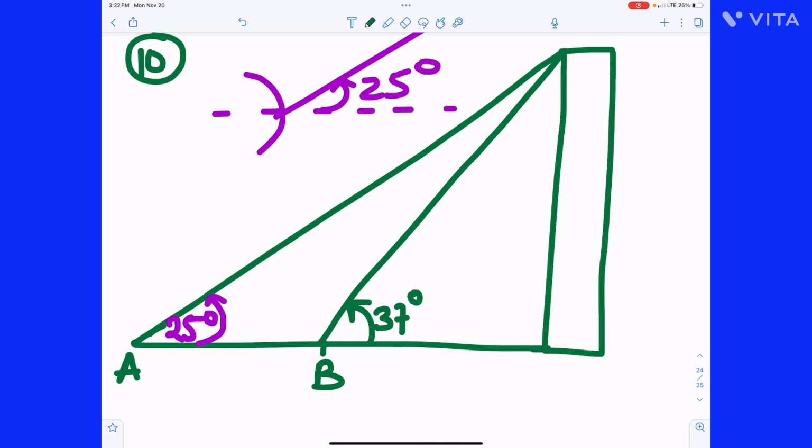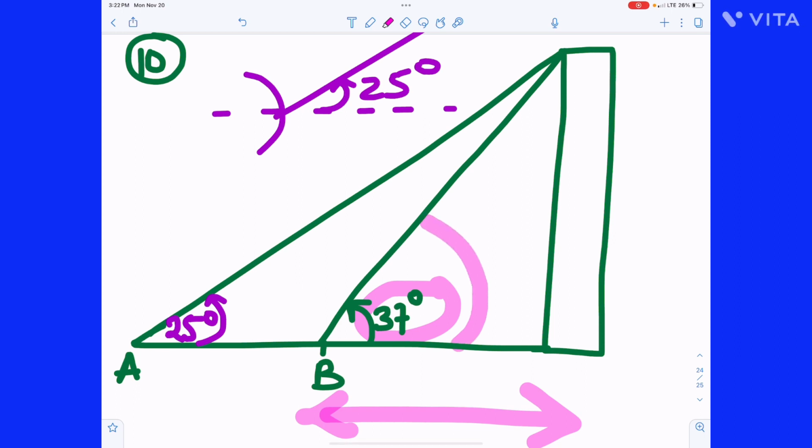I'm putting B here because I know that since 37 degrees is bigger than 25 degrees, at point B you have to be closer to the building. For you to need such a big angle of elevation to see the building, the closer to the building you get, the more you have to raise your eyes up before you can see the top of the building.